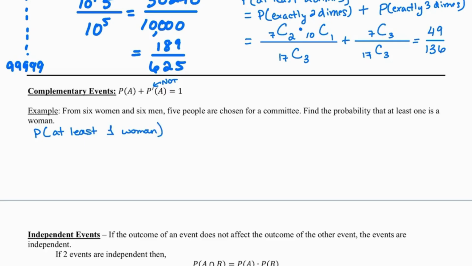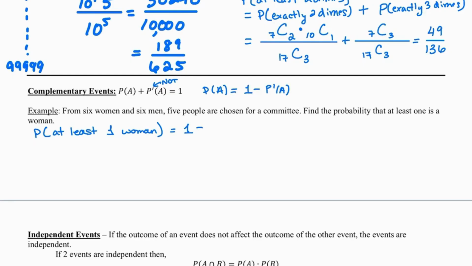All right, so that means that I would have 1 woman and 4 men, or 2 women and 3 men, or 3 women and 2 men, or 4 women and 1 man, or a committee of all women. That's like 5 different possibilities. So you could do the math for all 5 of those, or you can think about what's the complement event. Well, if you're looking for the probability that something happens, you can do 1 minus the probability it doesn't happen.